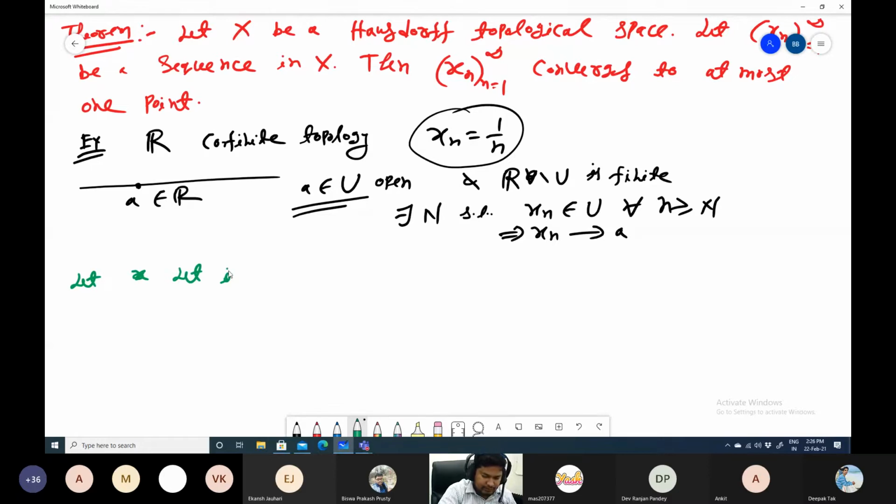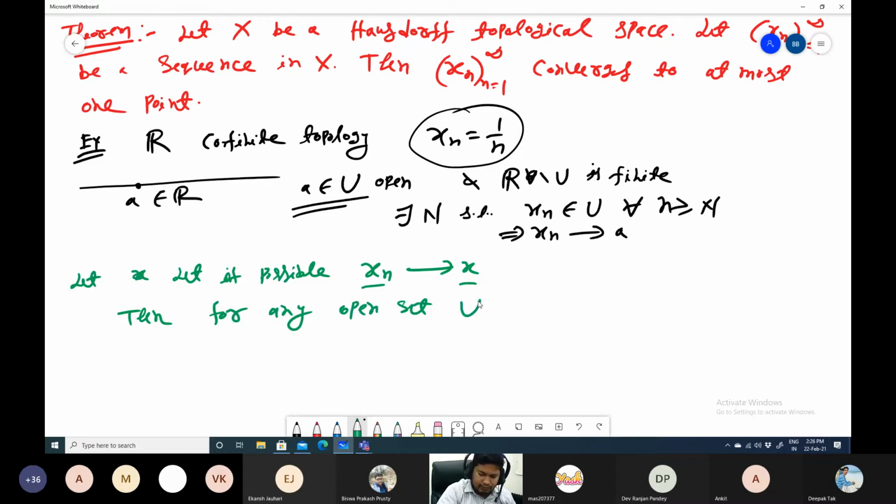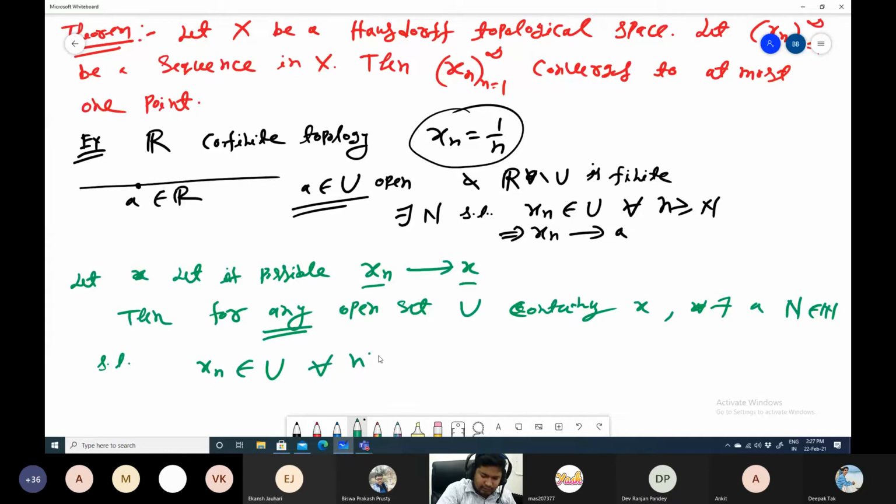Let, if possible, Xn converge to X. First we assume that Xn converges to X. Now then, for any open set U containing X, there exists a natural number n such that Xn belongs to U for all n bigger or equal to n.